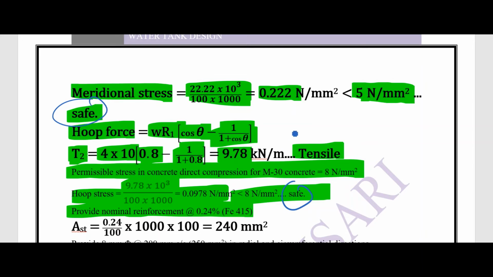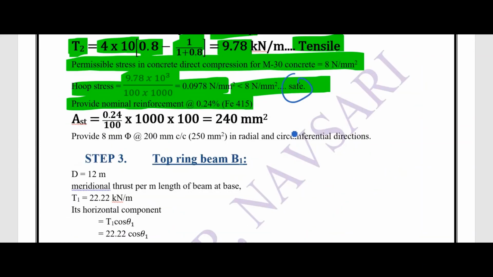At that time we provide minimum reinforcement of 0.24%. So we provide 240 mm square, so provide 8 mm dia at 200 mm center to center in radial and circumferential directions. Now we are going to design the top ring beam.